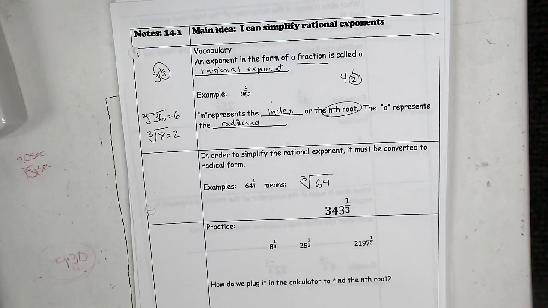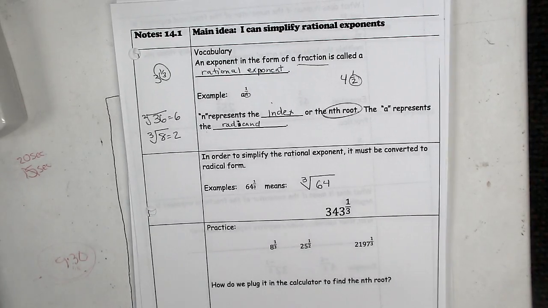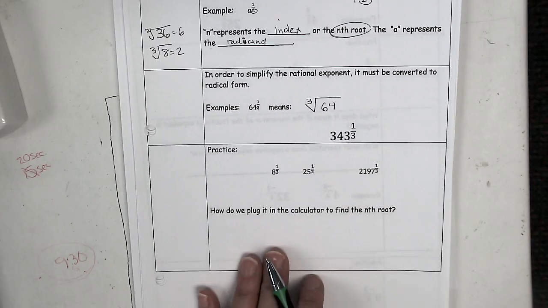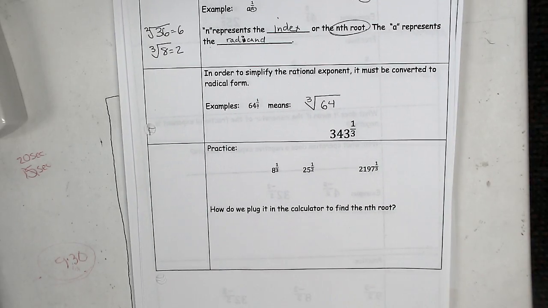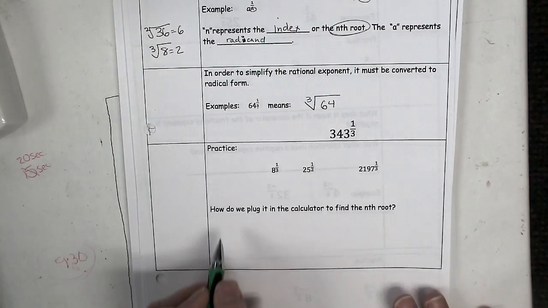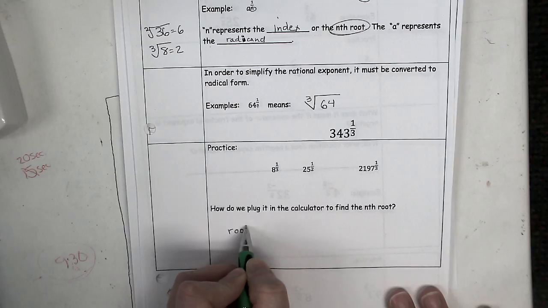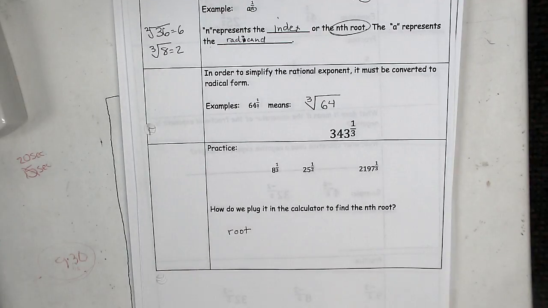If you look at the bottom of the page of your notes, it says, how do we plug this into the calculator? I want you to write this down so you remember how to do it. You have to put the root in there. Everybody write the word root. In this case, it's the third root, so you put 3 into your calculator.